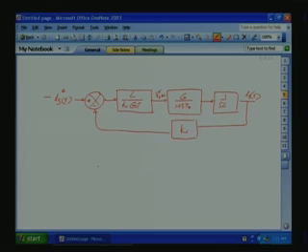Okay. Now, let us find out what is the transfer function here, input output, that is IST divided by ISRT.